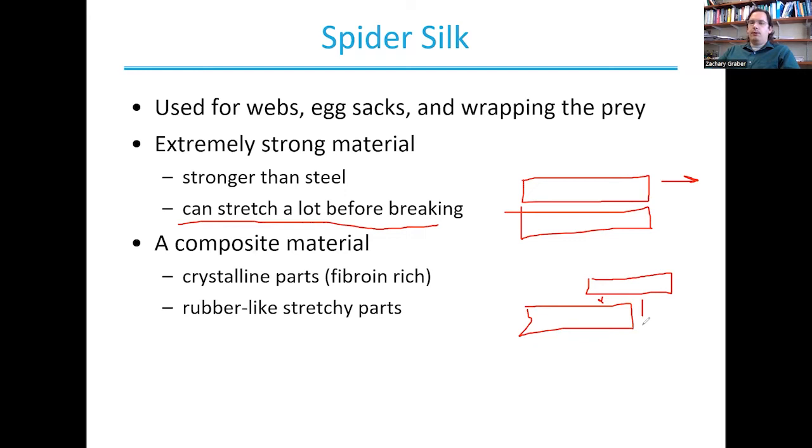So it might even get pulled over to overlap with another beta sheet as well, and we can have interactions between those two beta sheets. So we can have a sliding effect between our beta sheets where they can slide against each other if there's a strong force applied, and they can stretch, but they can still reform and still have those strong interactions between our beta sheets, right? So it's a very strong structure, but it's also a quite flexible structure as well.